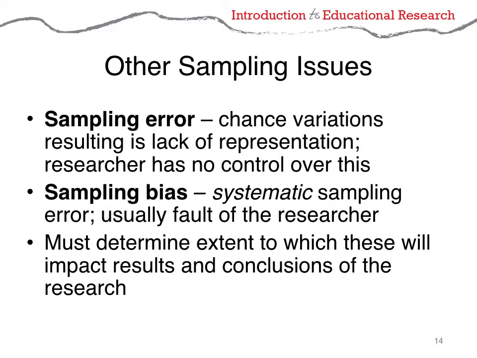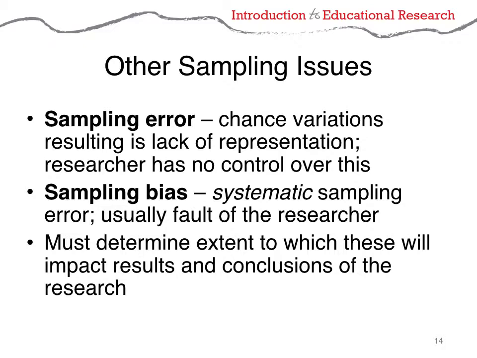Some other terms to be aware of are sampling error. These are the chance variations that result from the lack of representation, and you just don't know where the sampling error may occur.